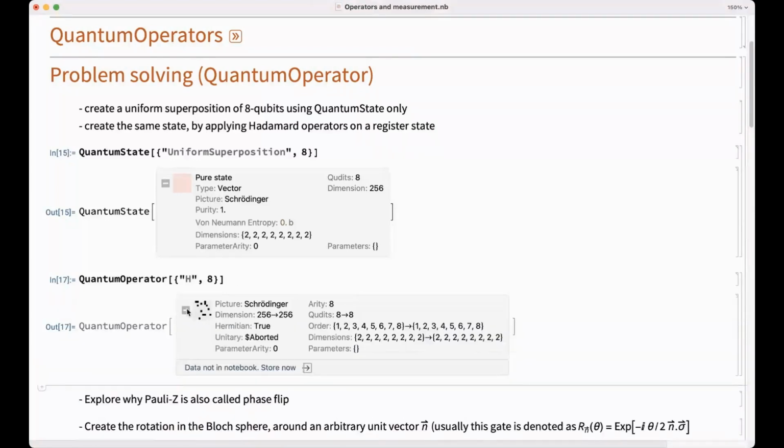Remember, if you want to apply it on a register state where all the qubits are in the ground state, you can specify it explicitly, so let's do it explicitly, with a register state of 8 qubits, and you're going to get your uniform superposition.